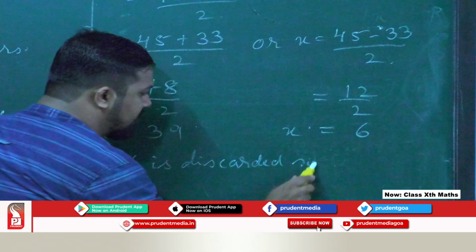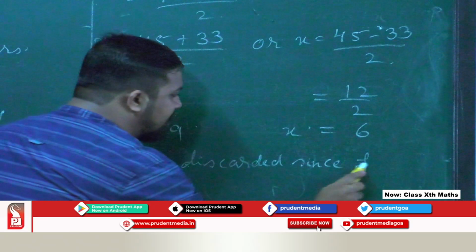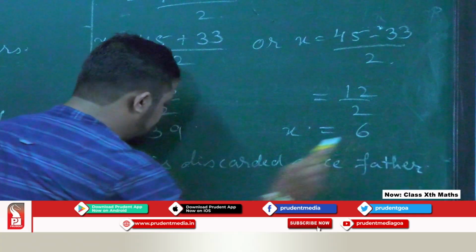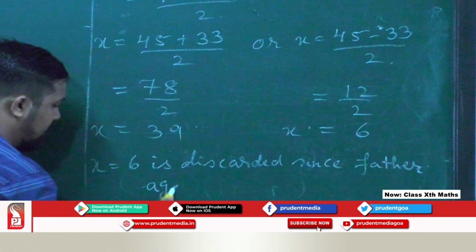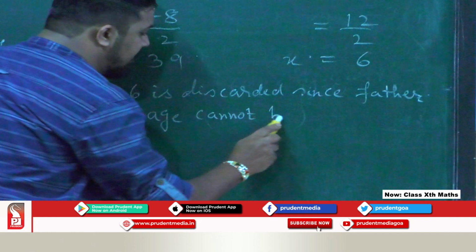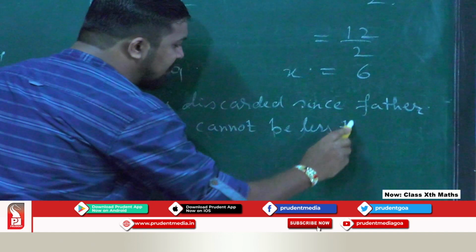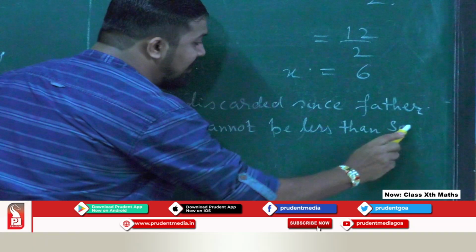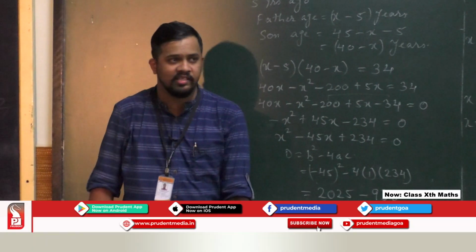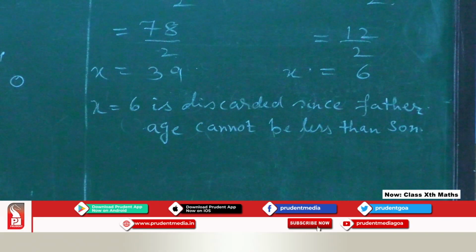Since father's age cannot be less than son's, that everybody knows. It doesn't make sense. If I say son is 39 and father is 6, so I say x equal to 6 is discarded since father's age cannot be less than son's, or I can say since father cannot be younger than son.